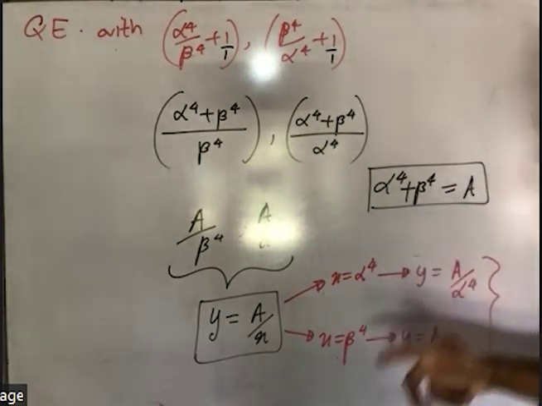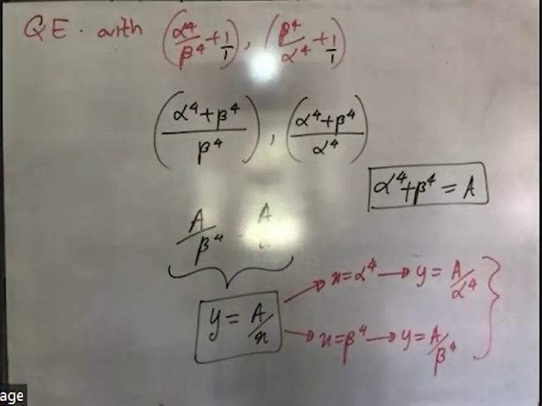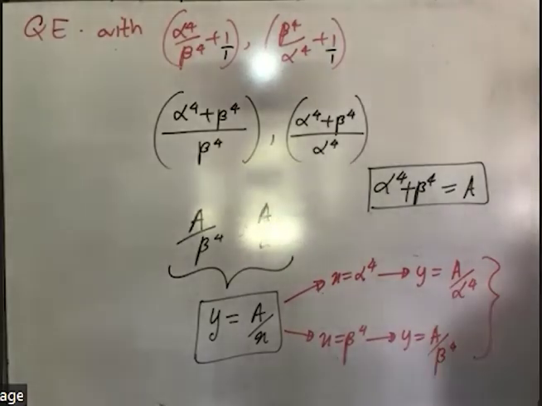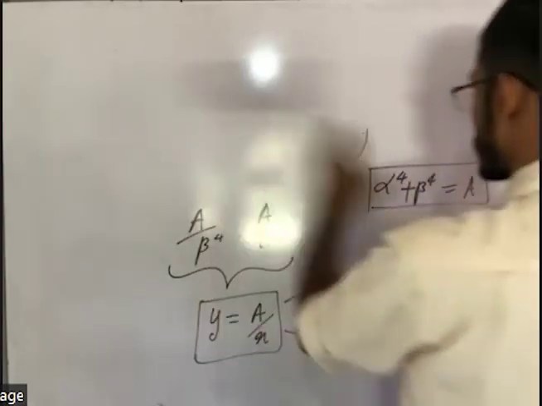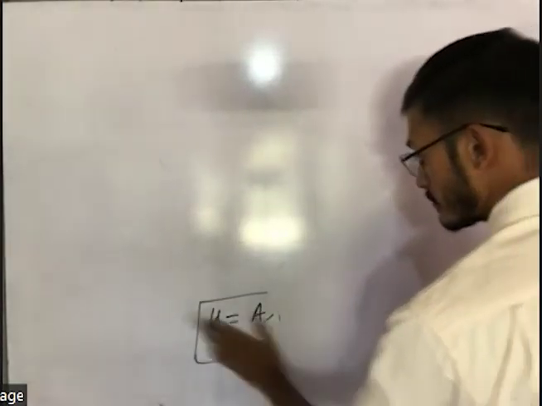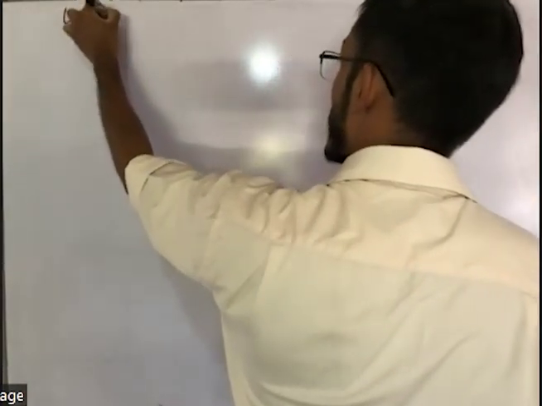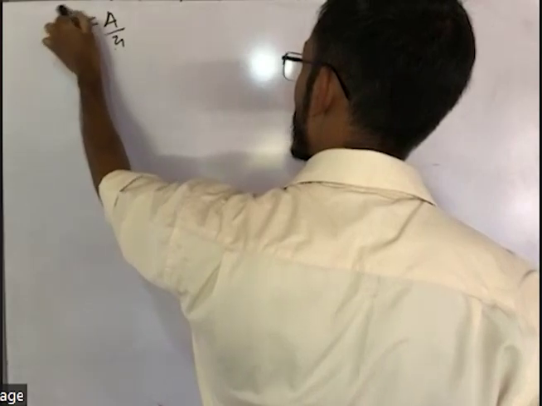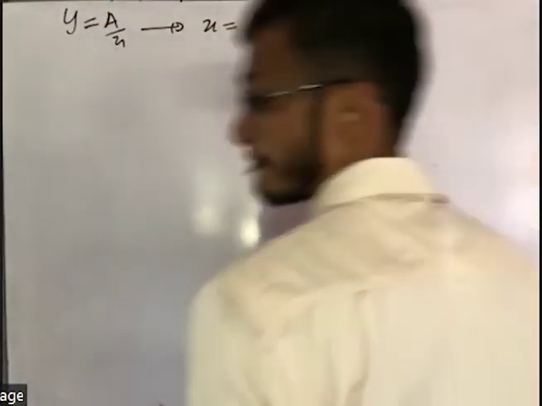So we can convert our equation from x to y. Then we can find the answer. Right. Now let's write down the equation. So we know y equal to a over x. Therefore, x equal to a over y.